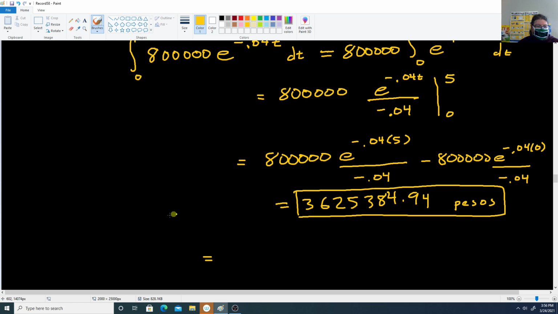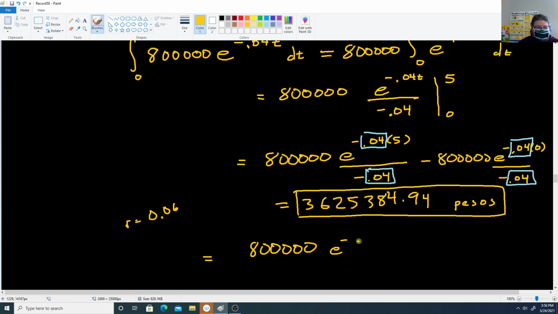If we want to do the interest rate of 0.06, if we look at the 0.04, we saw that for the interest rate being 0.04, we got a 0.04 here, a 0.04 there, a 0.04 here, and a 0.04 here. So instead of doing the full integration again, we can just use our information from the previous step and swap the interest rate part out for the 0.06 interest rate instead of the 0.04.